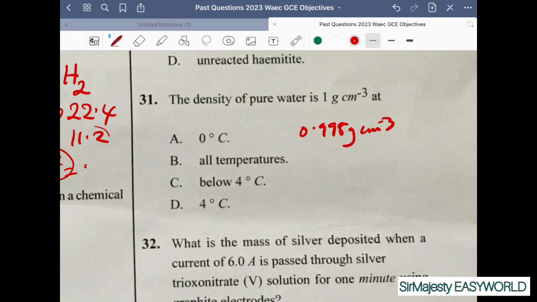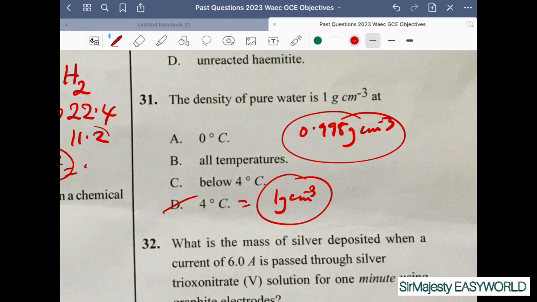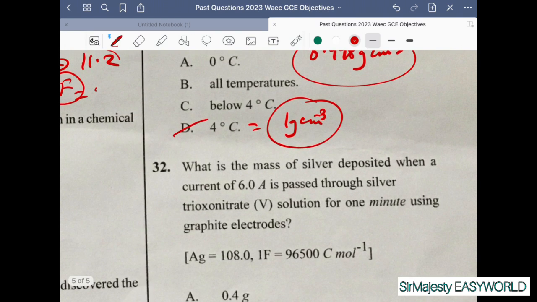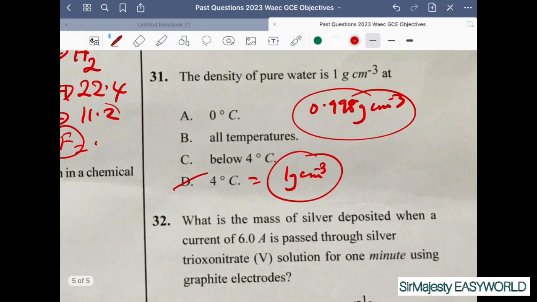So it is exactly at 4 degrees Celsius, if I can recall. Just pray I'm correct here. So this should be the answer. The little I remember reading is that it is at this temperature that we have this. But if you see this and this on approximation, they are the same thing. 0.998 and 1 is the same thing. Okay, but the difference is what they are looking for here.